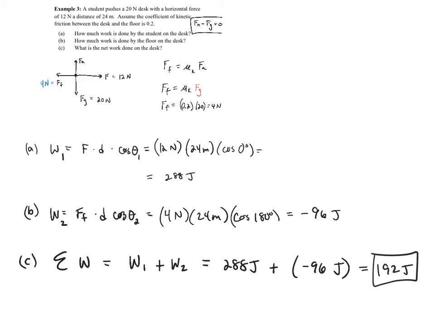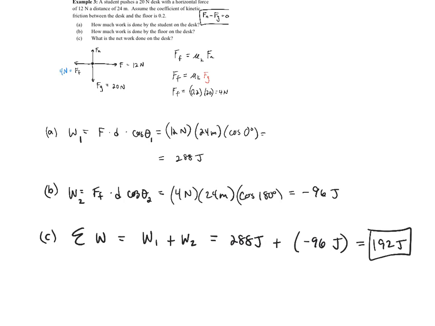What we can do is take Isabella's suggestion and look at part C. So for part C, what we can also do is this. If I want to find the overall work or the net work, and again, we're going to get the same answer, I'm just showing it again, I could look at the net force times D times the cosine of theta.